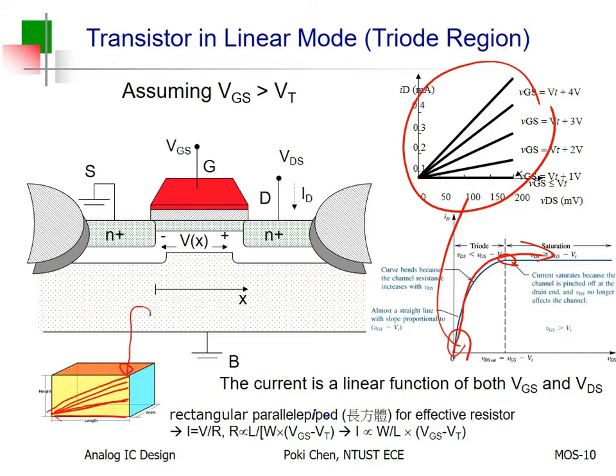When the depth becomes 0 at the drain, the voltage between gate and drain is exactly one threshold voltage, 1 VTH. That's it. So it means the shape goes from rectangular to triangular. 怎么把这个由长方形变成三角形?